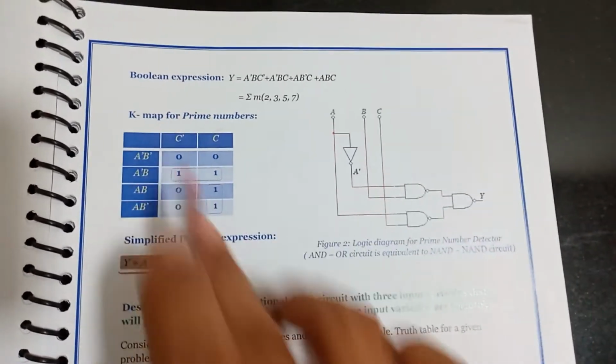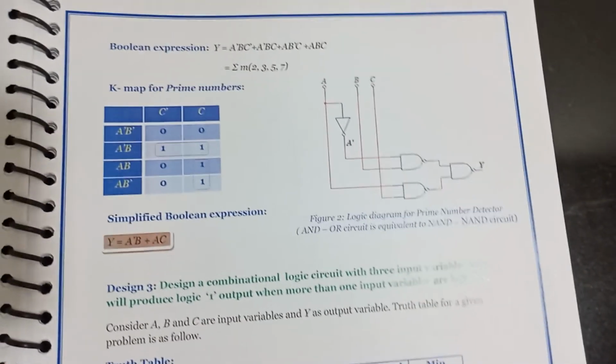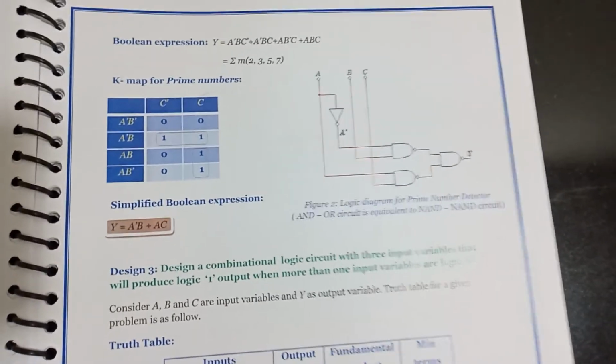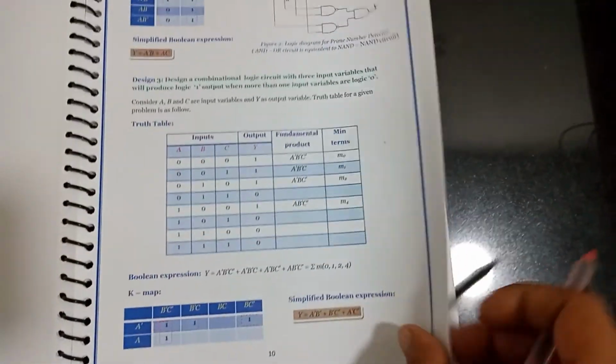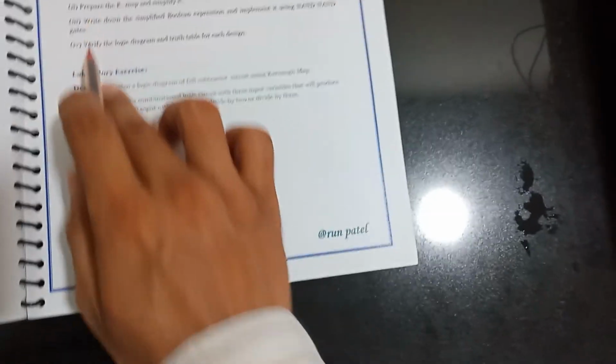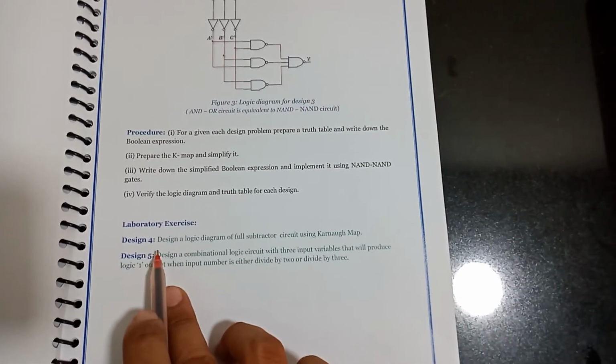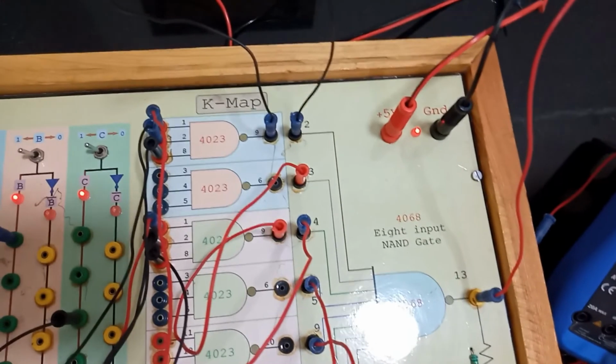So the Karnaugh map is very advantageous in reducing the complexity of circuitry. So this is all about the Karnaugh map. There are some other examples also given, but I am assuming you will go through the other examples by yourself.